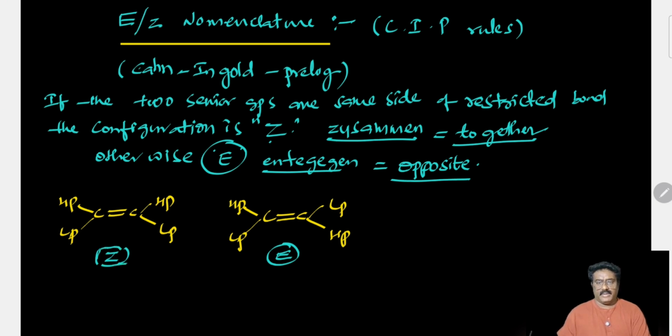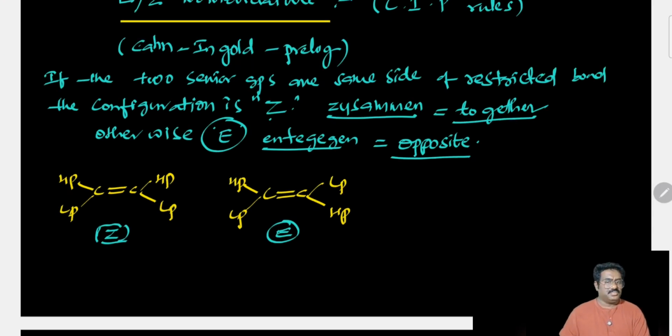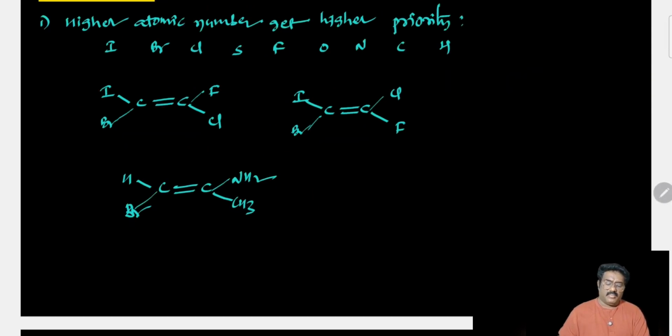Look at an example. How do we decide the high priority and low priority on the carbon double bond? By using the CIP rules, the Cahn, Ingold, Prelog rules. We follow the rules to decide the E and Z isomer. Look at the rules. In the CIP rule, higher atomic number gets higher priority.